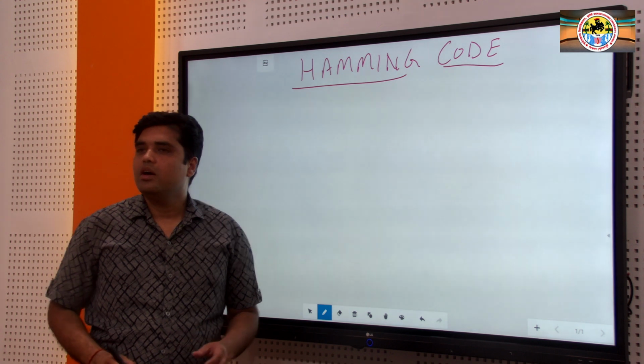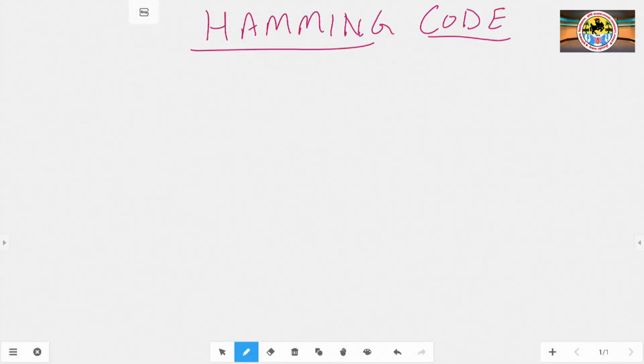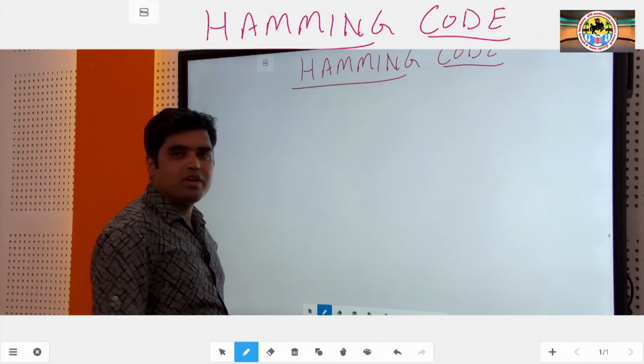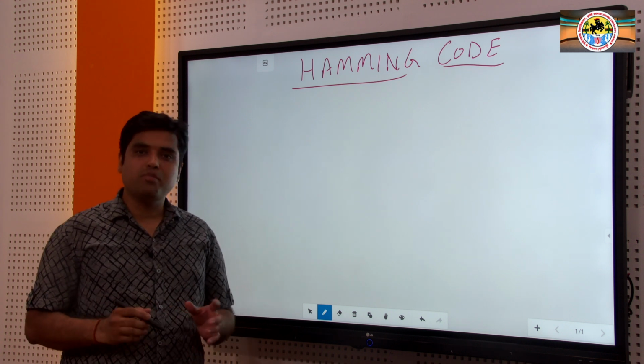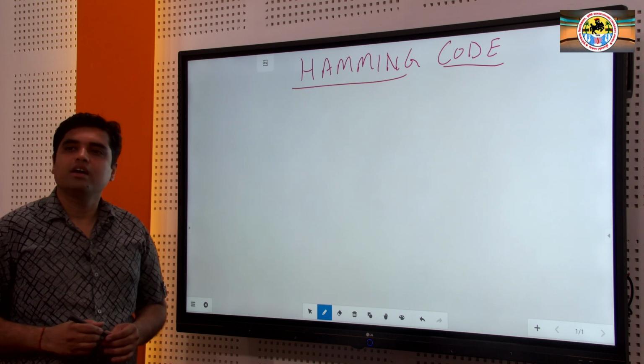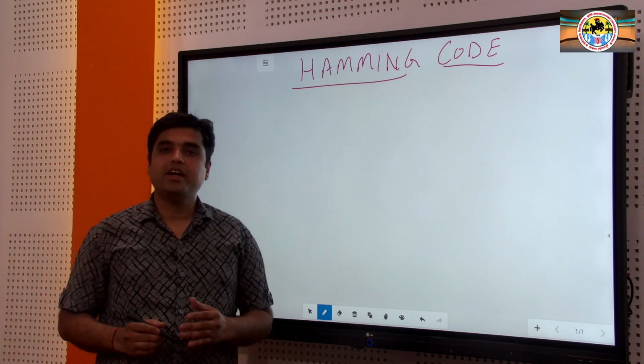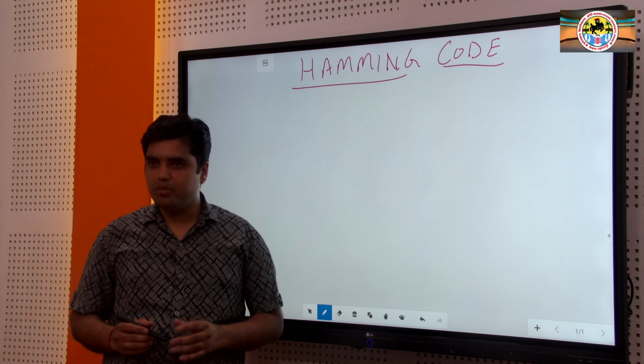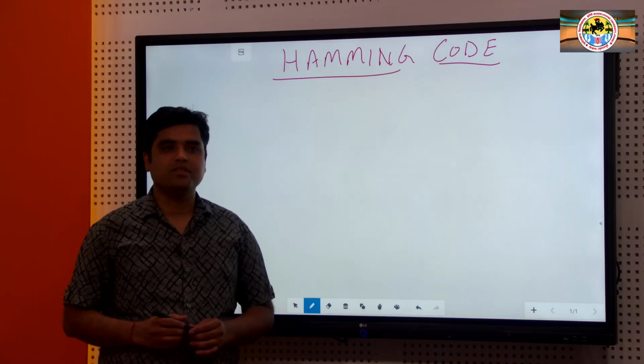Hamming code is a class of linear block codes which are used to detect or correct errors in data transmission or data storage in computers or computer networks.